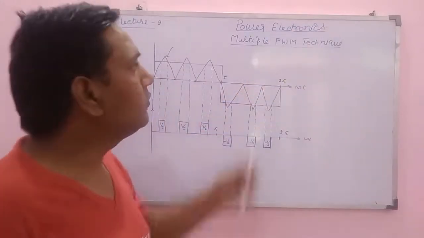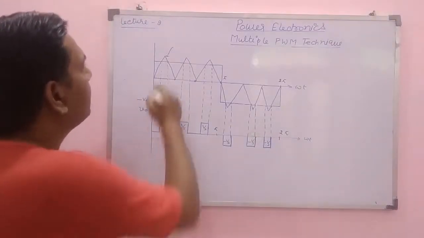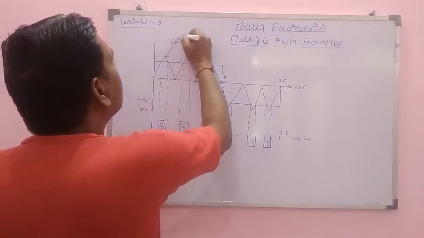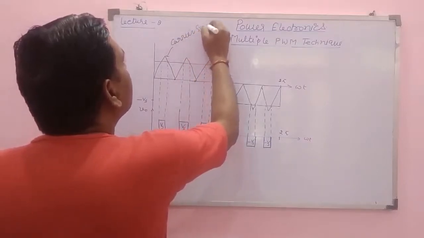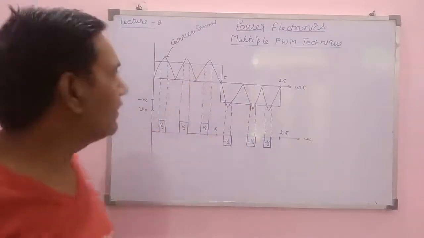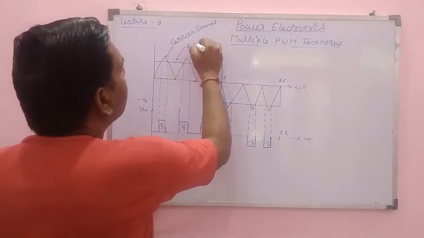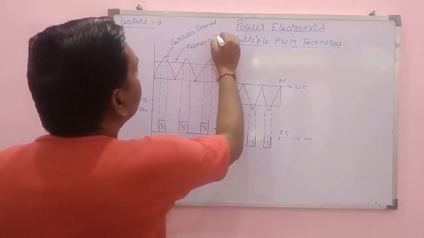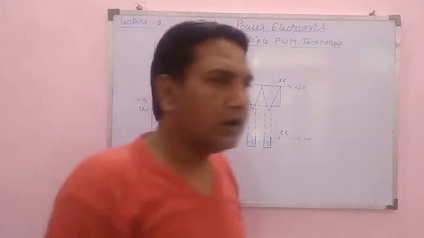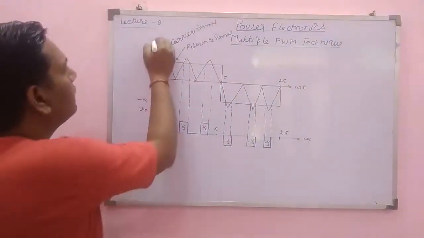Similar to the single pulse width modulation technique, we will have two signals. This triangular waveform is the carrier signal, and the other is the reference signal, a square wave or rectangular wave, that is the output of an inverter.